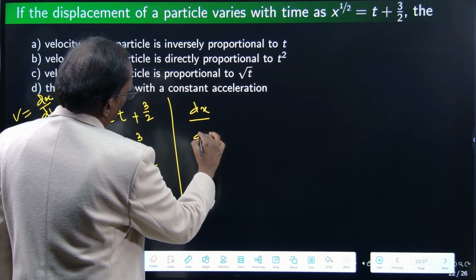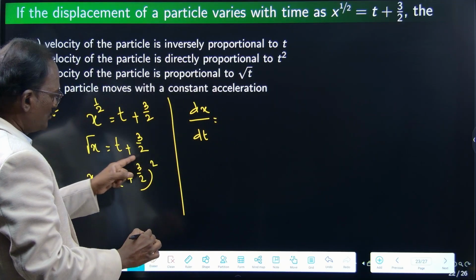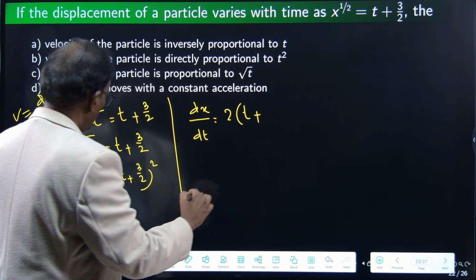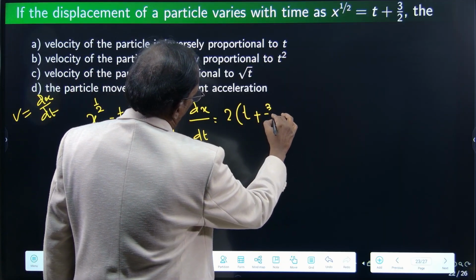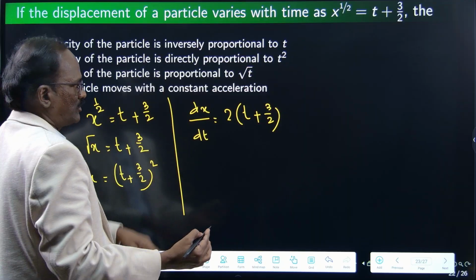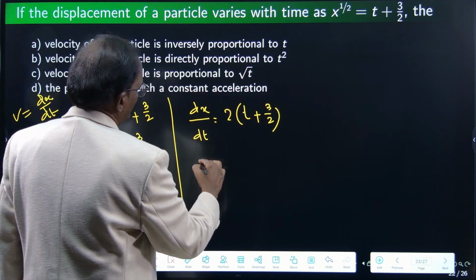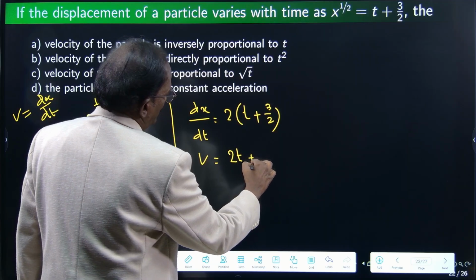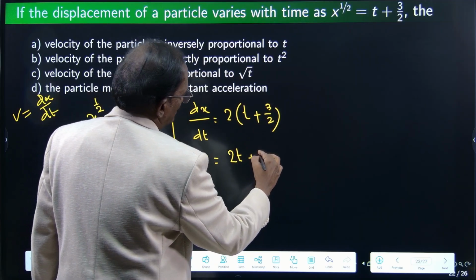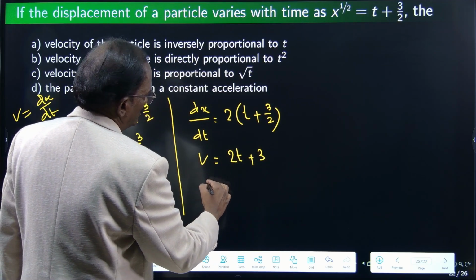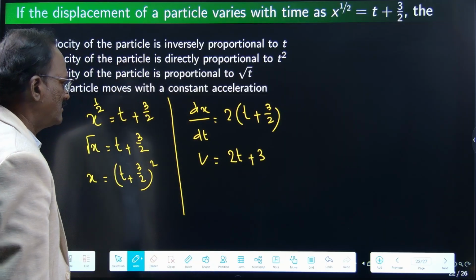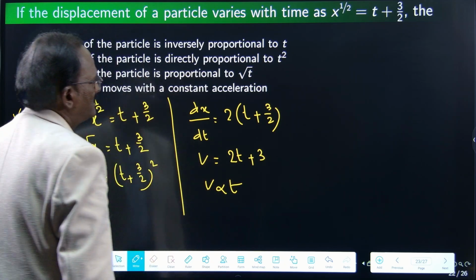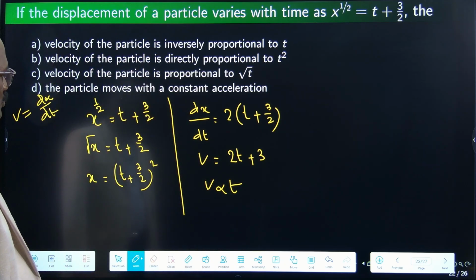Dx by dt is equal to 2 times (t plus 3 by 2) to the power 2 minus 1, which is 1. So dx by dt is velocity. Velocity is equal to, let us expand it, 2t plus 2 into 3 by 2 is 3 only. So v is equal to 2t plus 3. So v is proportional to t.